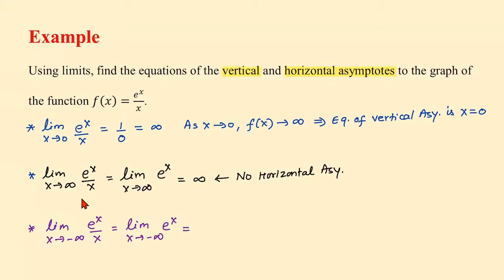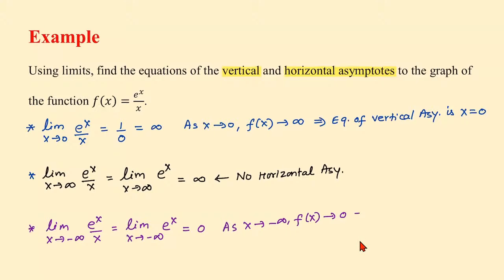And what we know is, as x approaches negative infinity, e to the x approaches 0. So as x approaches negative infinity, the function approaches the finite value 0. So that means y equal to this value 0 is the equation of the horizontal asymptote.